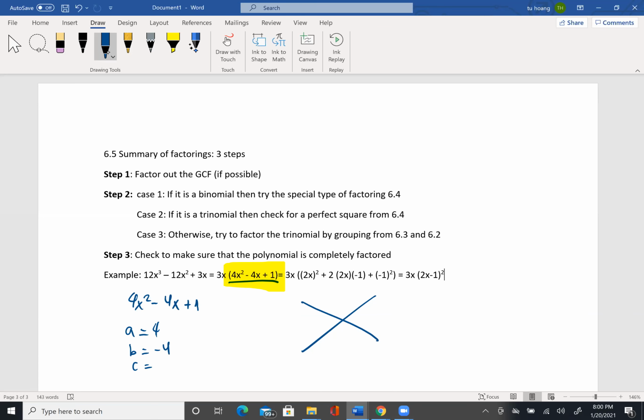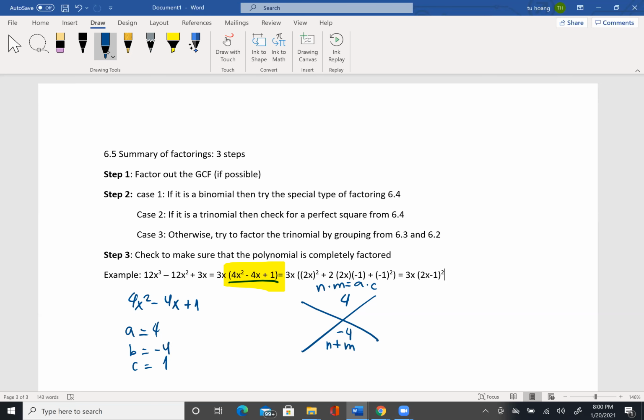Don't forget it. And C in here is equal to 1. So I have N times M will be A times C, which is 4 times 1. That's going to be equal to 4.